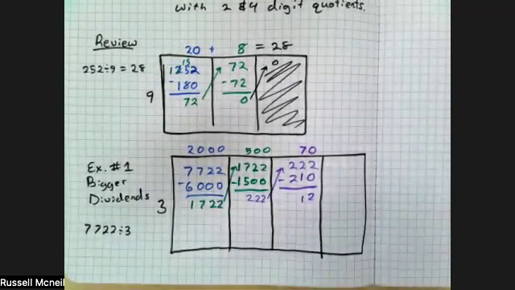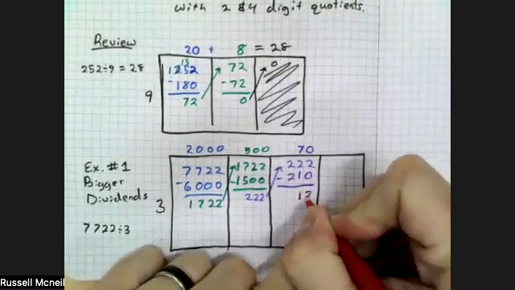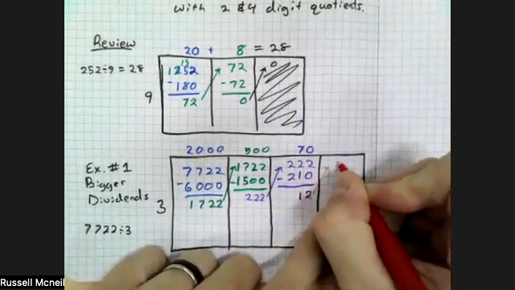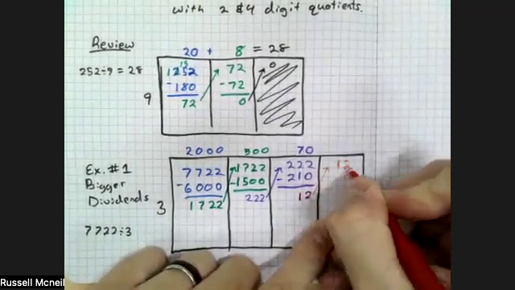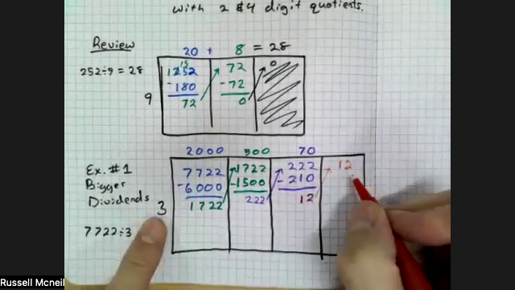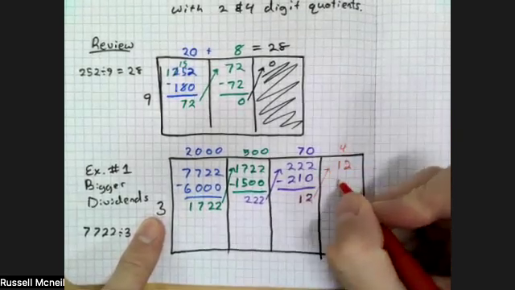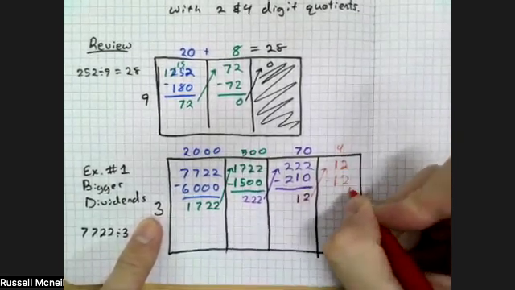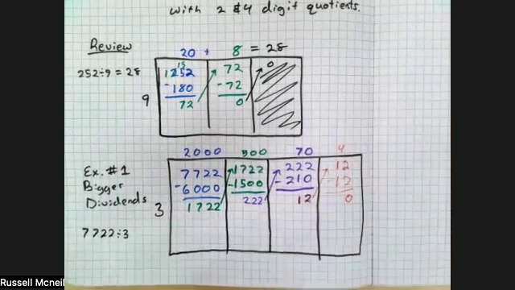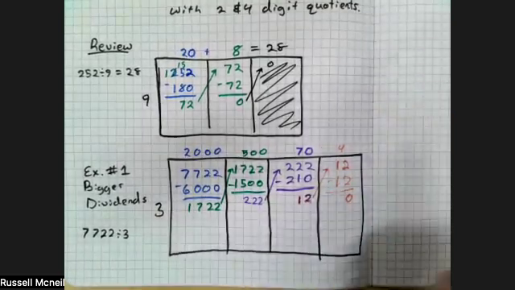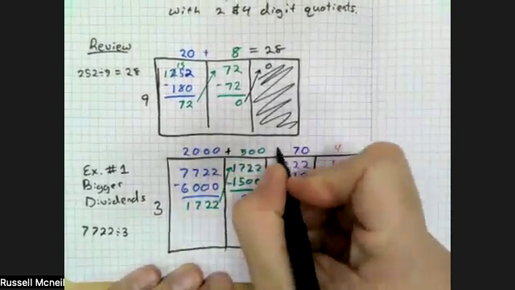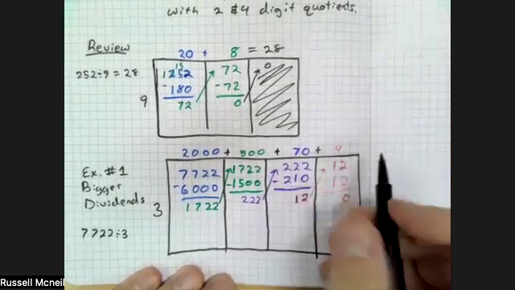We've got our 12. We're going to, should have made it red. We're going to take our 12. We're going to move it up. How many times does 3 go into 12? 4 times. 4 times 3 is 12. We can subtract. We get a 0 remainder. And now we're simply going to take all of the numbers up here, our 2,000 plus our 500 plus our 70 plus our 4.